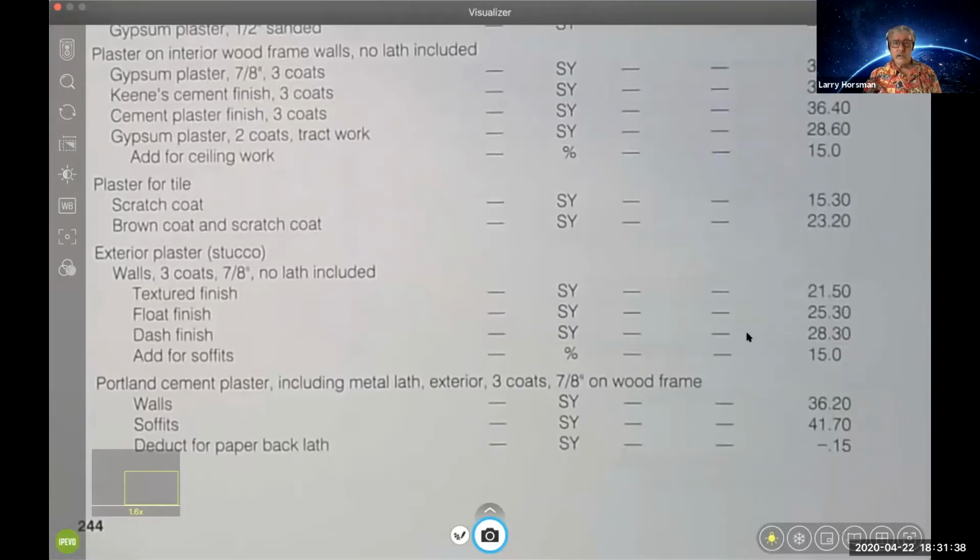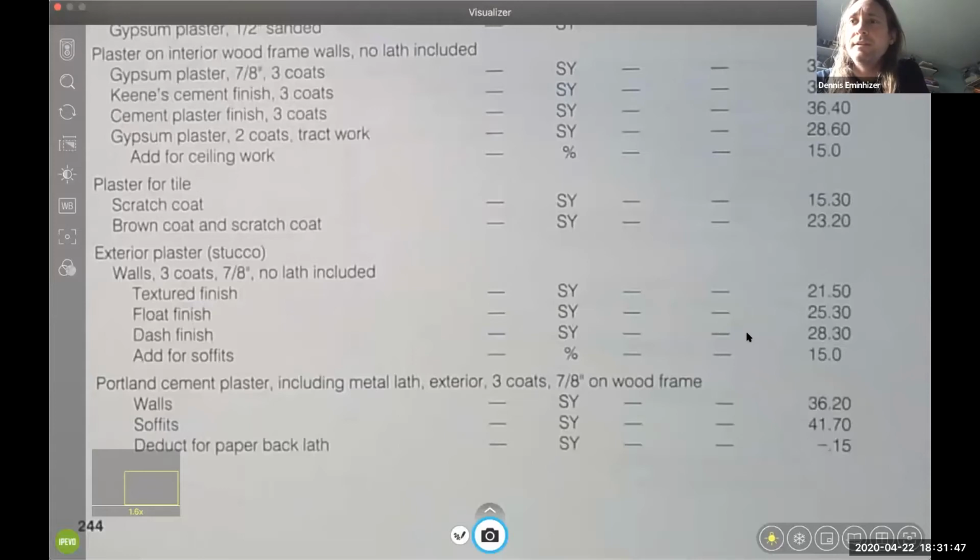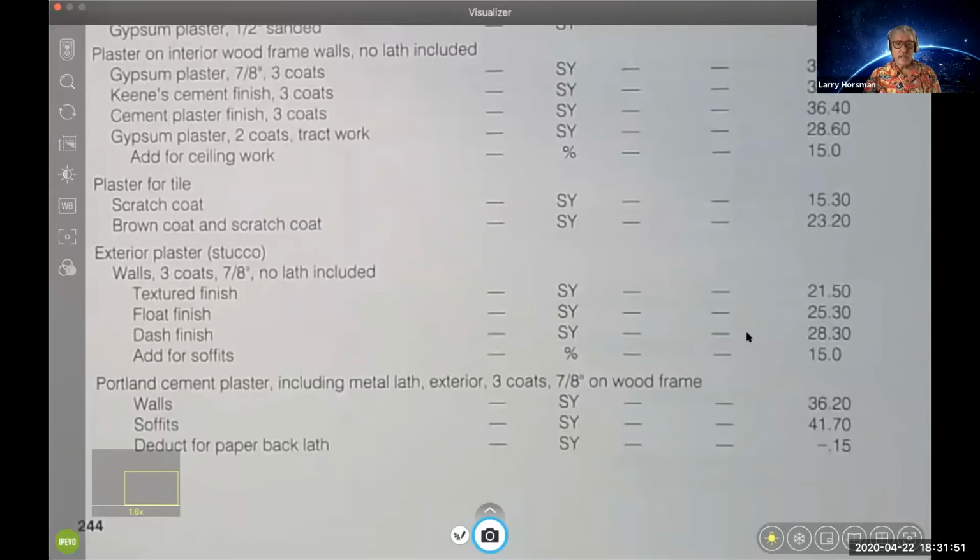The interior lime plaster is not as stable and tends to break down in the presence of water. Well, the Portland cement plaster there is $36.20. It's more expensive, right? Yeah, by a decent amount. The stucco we have around here is typically that Portland cement plaster.